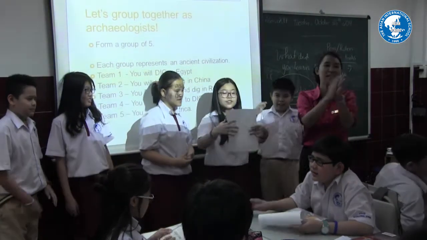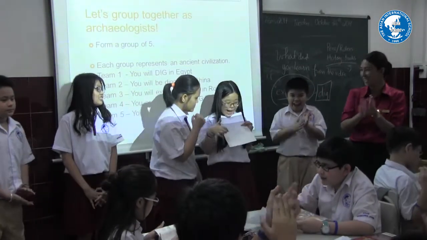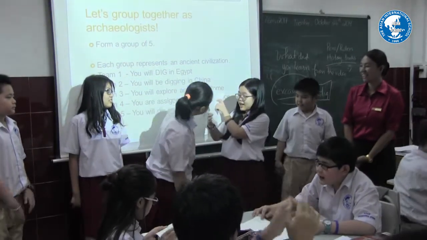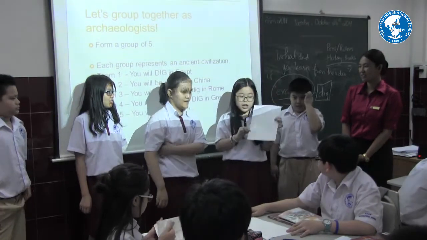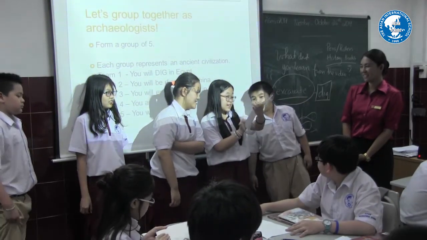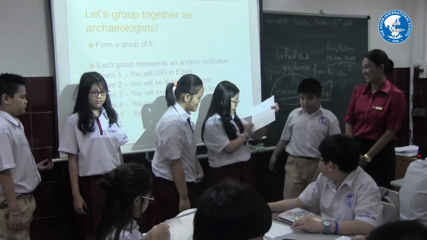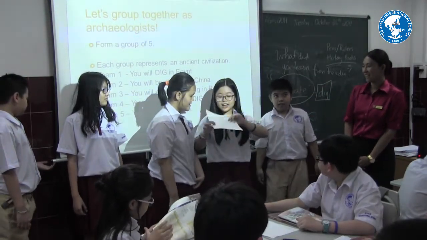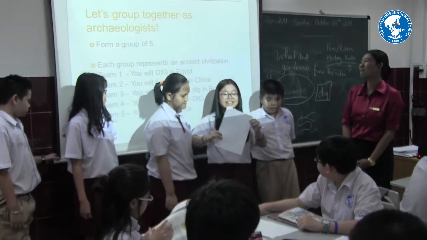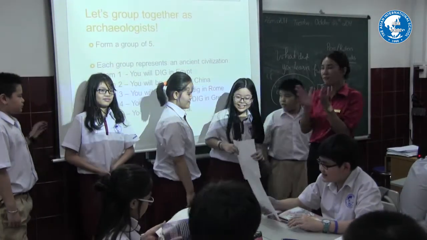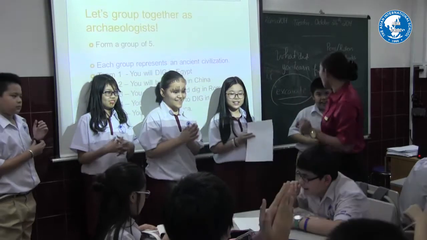Clap your hands, everybody. And the last one, we found a rock painting that illustrates farming. And we found it in area number 13. Number 13. Very good. Clap your hands for archaeologist number 1. Good job.